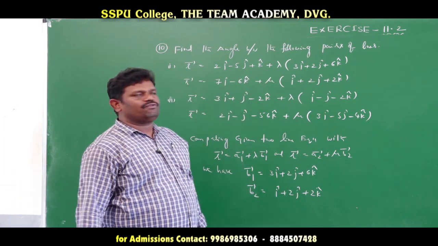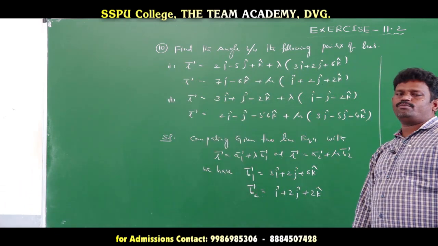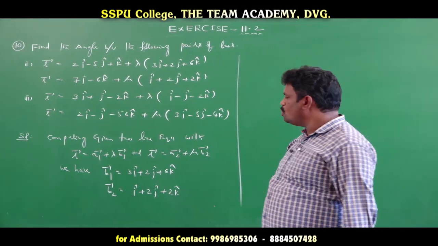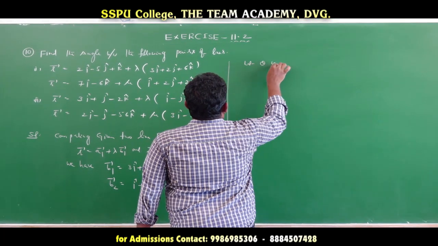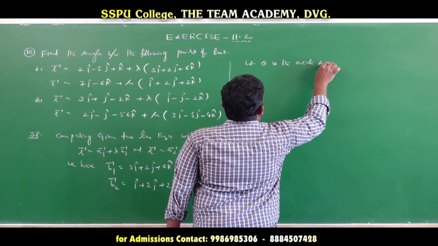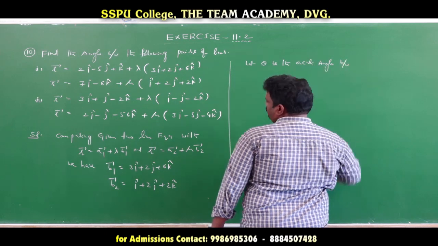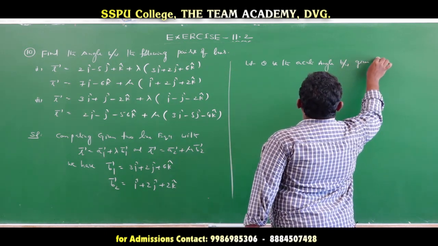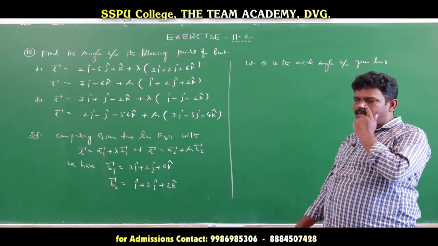So already we know that formula: cos theta is equal to magnitude of B1 bar dot B2 bar by magnitude of B1 into magnitude of B2. So we consider, let theta be the acute angle between the given lines.